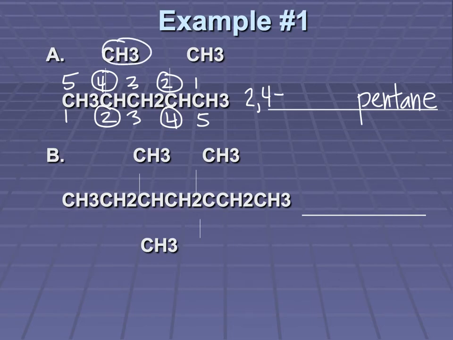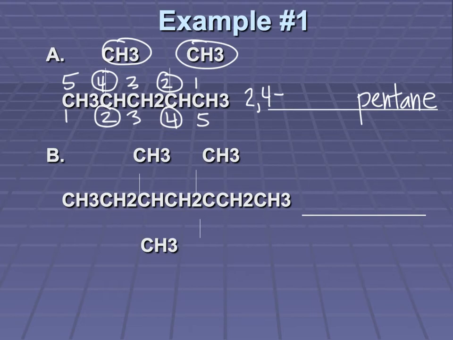Now both of the branches here are methyl groups because they contain how many carbons? They only contain 1 carbon each, right? So we use the prefix meth, because it contains 1 carbon. There's 1 carbon there, and then that one has 1 carbon. But they are 2 branches. So then we're going to use a prefix to indicate that there are 2 of these methyl groups.